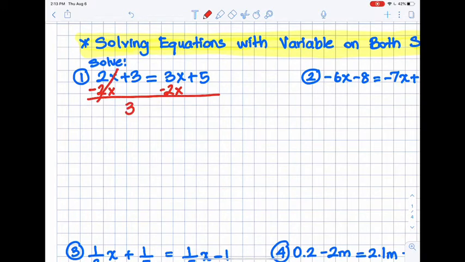I have 3 equals 1x, which I'm going to leave as x, plus 5. The next step is I am going to subtract 5 from both sides, and from here our x will be negative 2.